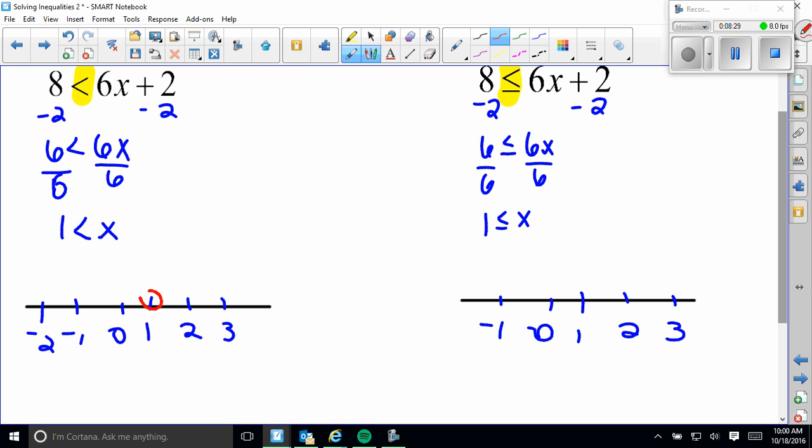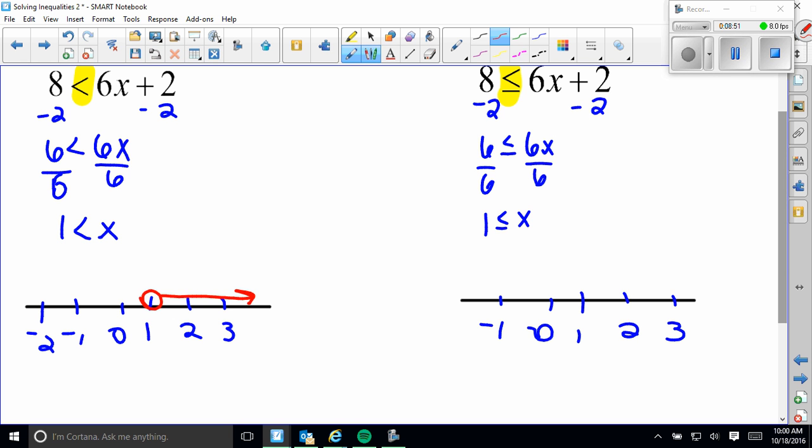So we're going to draw an open circle. The open circle represents that the 1 is not included in our answer. So our answer could not be 1. It's just x is anything greater than 1. 1 is our absolute minimum value, but it cannot be 1.